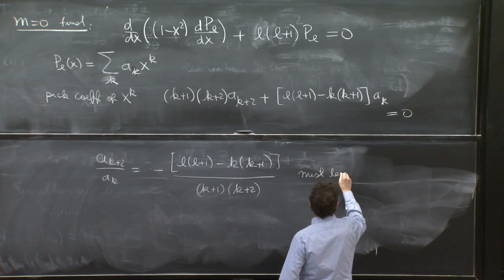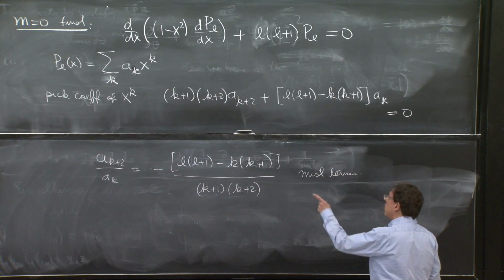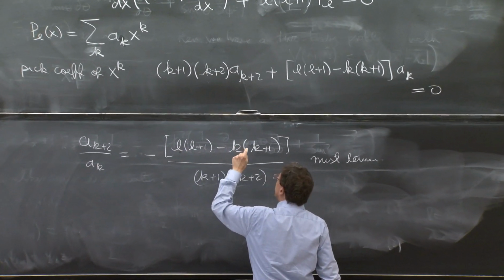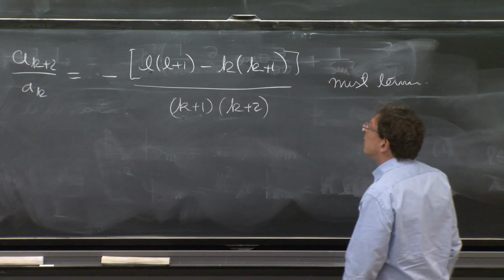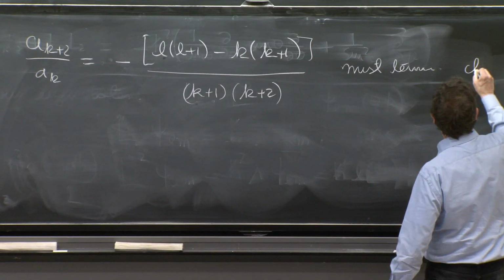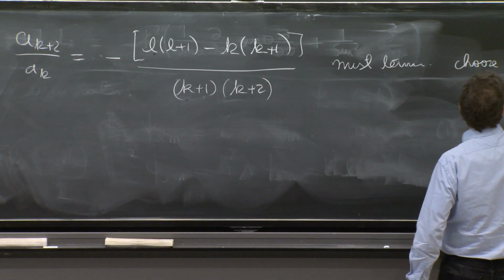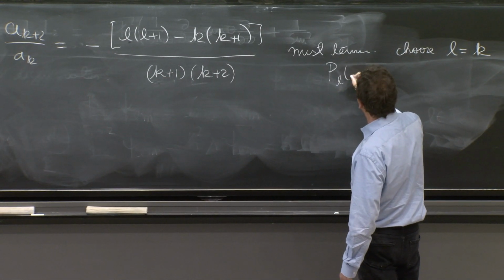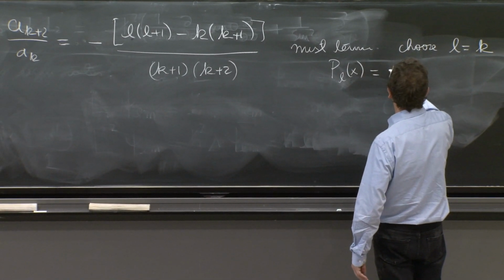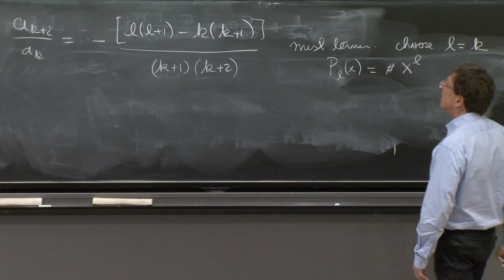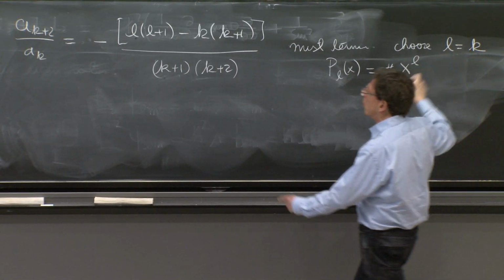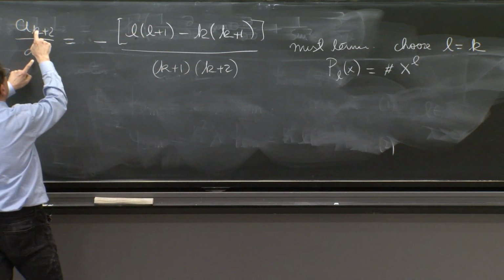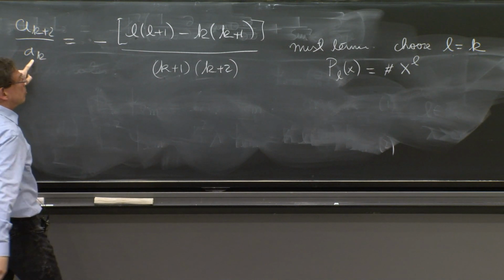Must terminate. And if it terminates, the only way to achieve termination of this series is if L is an integer equal to k. So you choose L equals k, and then P_L of x is of the form of an x to the L coefficient, because L is equal to k, and a_k is the last one that exists, and now a_(k+2) would be equal to 0.